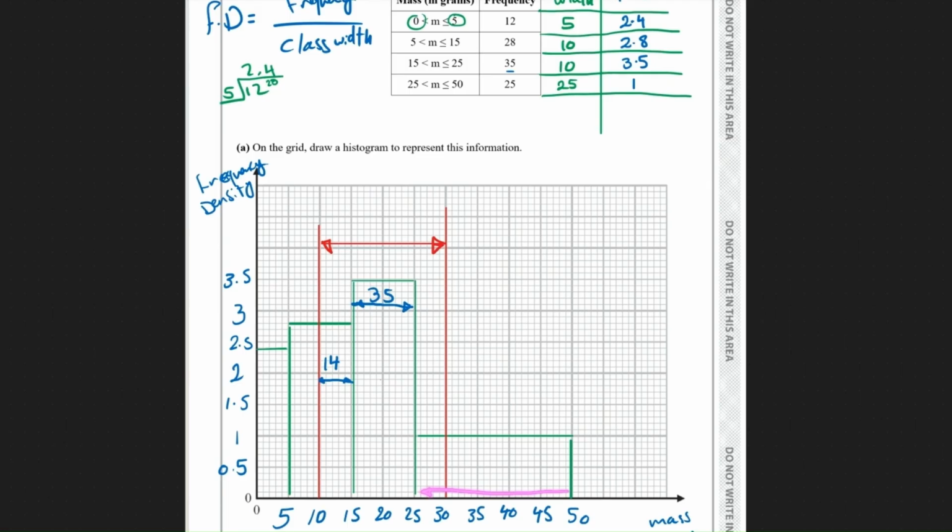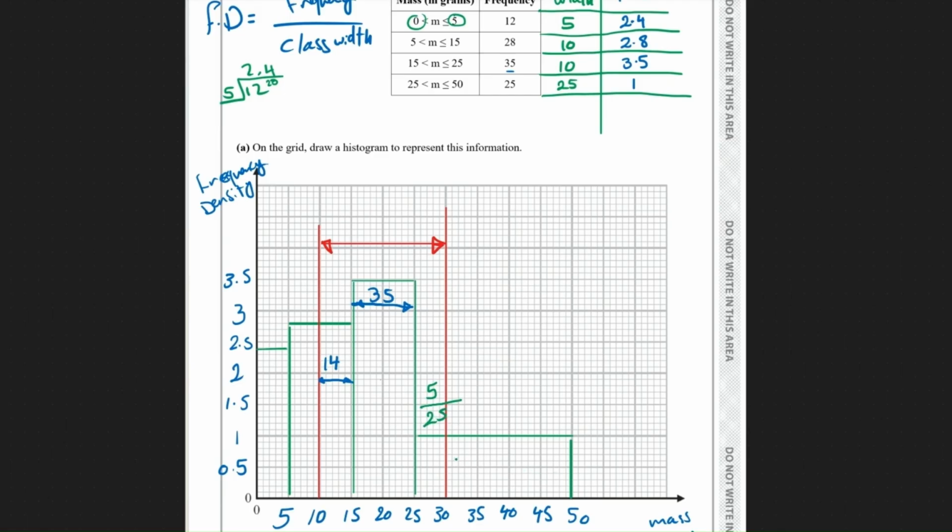We just need only 5 of it. What should we do here? We should say I'm going to use 5 out of 25, as this is the class width. So I'm going to write here, I'm going to use 5 out of the class width 25.